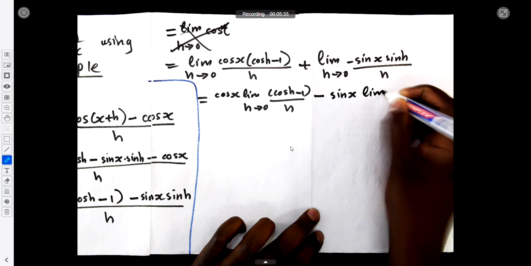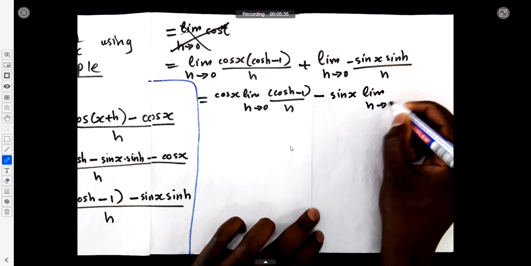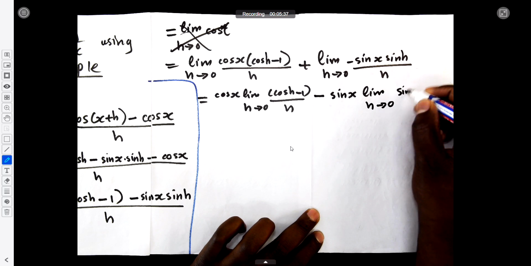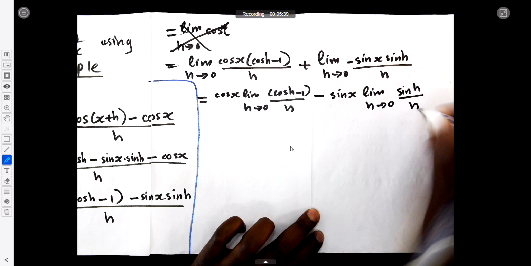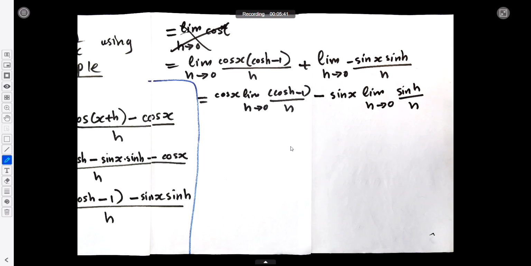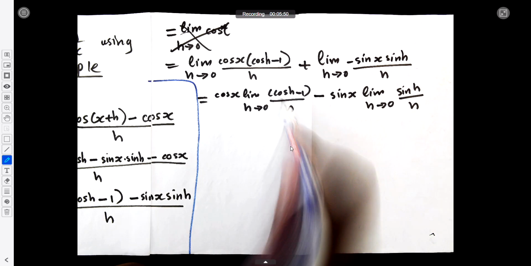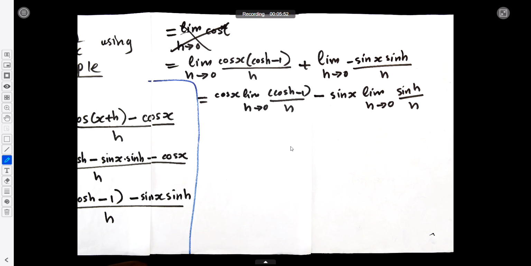Where we have to substitute h is in sine h, all divided by h. So just return sine x in front of the limit notation, limit h approaches 0. As I said, when we substitute, we get 0 over 0, an indeterminate form.